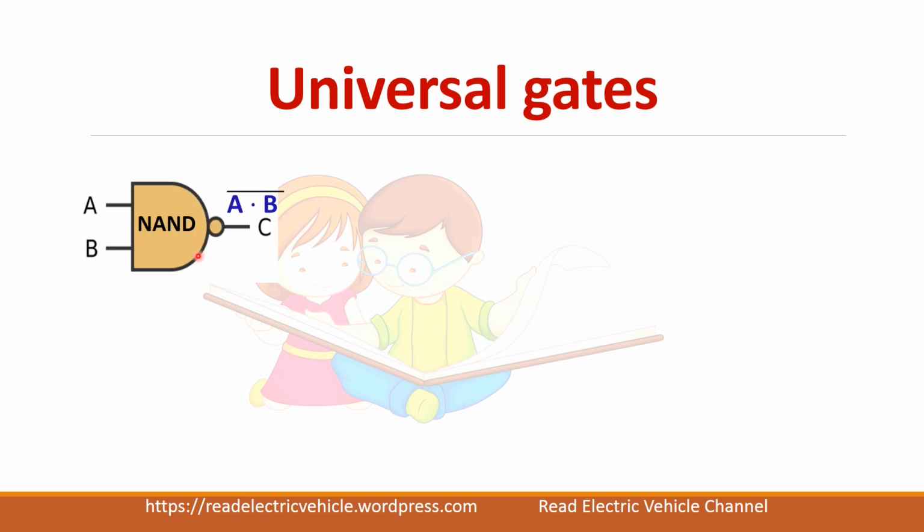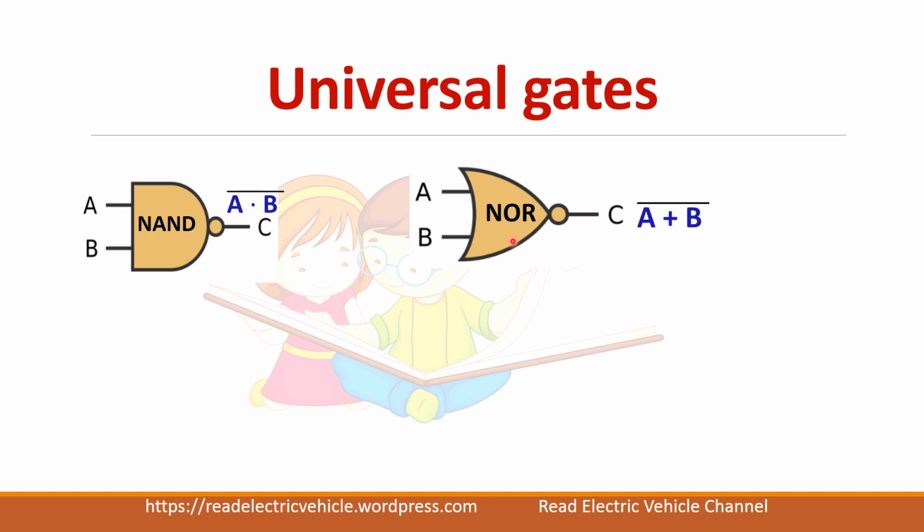The universal gates, first one is NAND gate. NAND means it is just opposite to AND gate. If you give A and B as input, your output will be A dot B the whole bar.